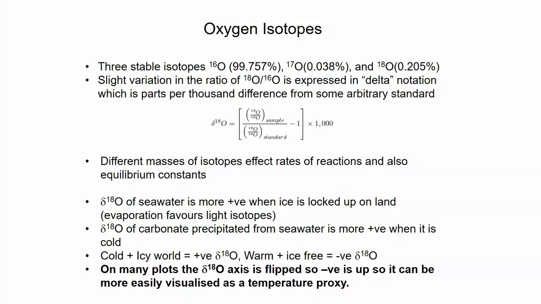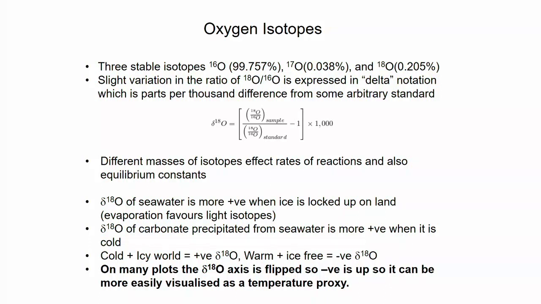And the water composition changes with how much ice is locked up on land. That's due to the fact that when you evaporate water, you preferentially evaporate the lighter isotopes. That means that when we've got lots of ice, the oxygen isotopes of the water will be heavier.